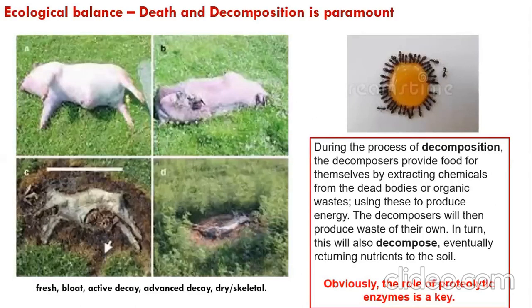Let's take a general example, looking into ecological balance, death and decomposition. That's really paramount for ecological balance. In this diagram, you are looking at a specific kind of decomposition of a specific animal that is dead. In slide A, you see a fresh cadaver.